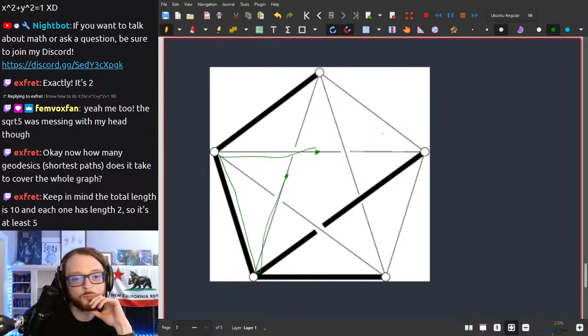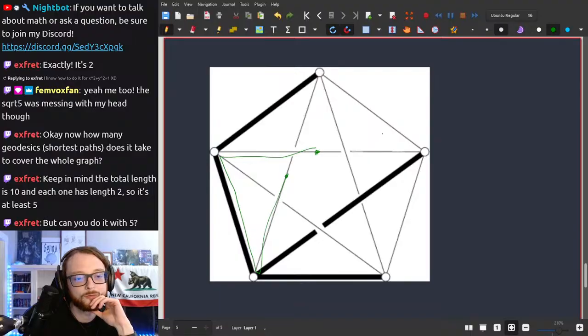But then we might need more to cover any little bits. Can I do it with 5? I guess let's find out.